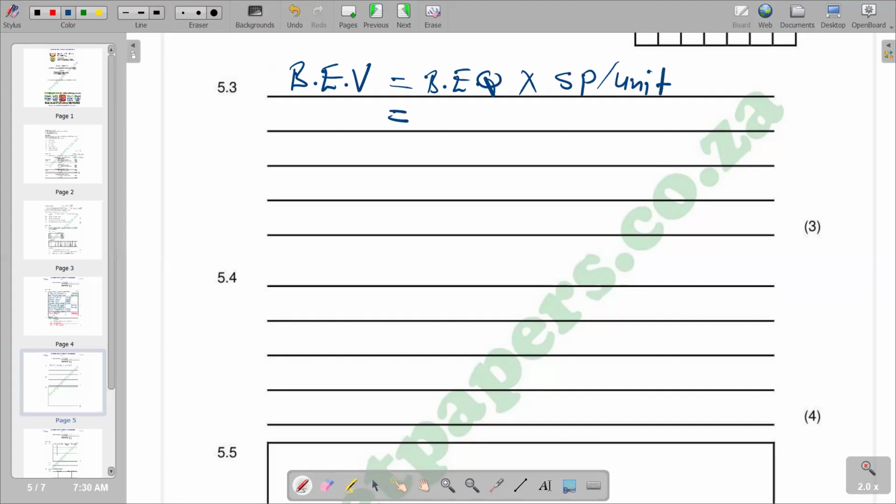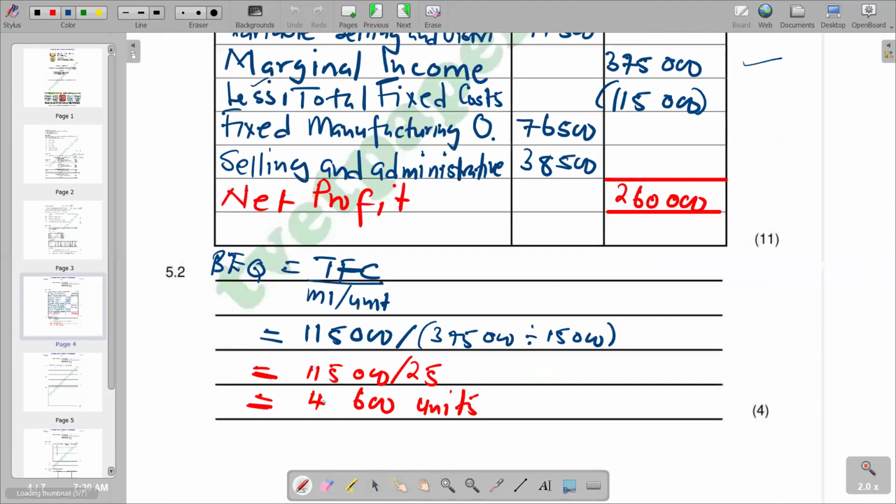So basically, we simplified further break-even quantity. We have already calculated it to be 4,600.